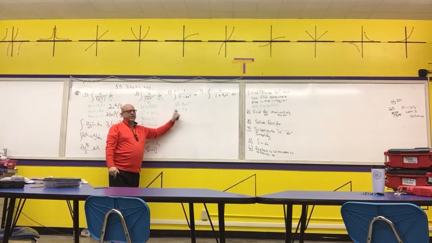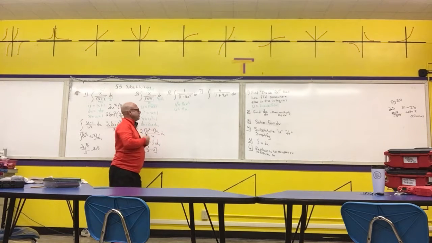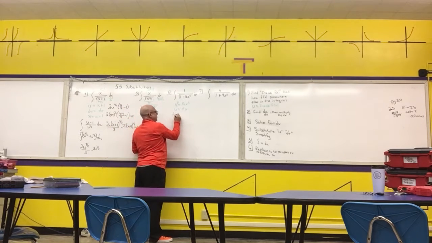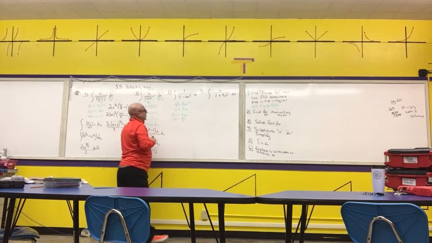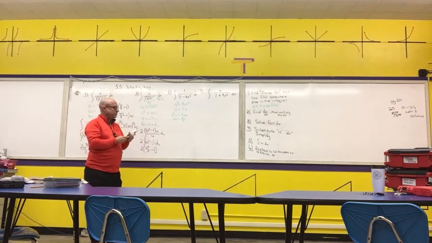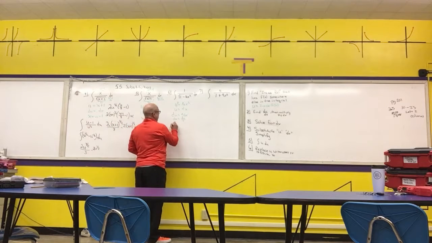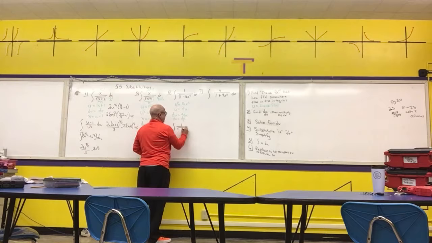Now take the derivative of both sides of this, and you get du is equal to 4dx, or dx is equal to du over 4. And now you can make your substitution. You end up with the integral of 1 over the square root of 1 minus u squared.